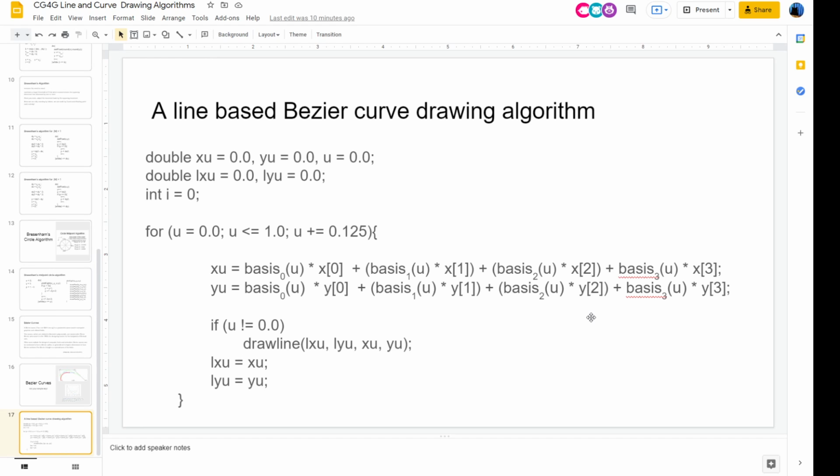U is a floating point number. It has to go from 0 to 1. I haven't seen an integer-based Bezier curve at this point. What I decided to do in my implementation that I showed before in that texture mapping demo is, every point that is generated as you vary U, and in this case we're varying U by an eighth, right?